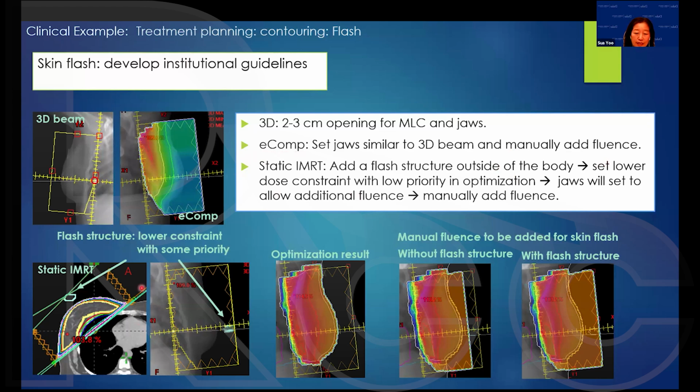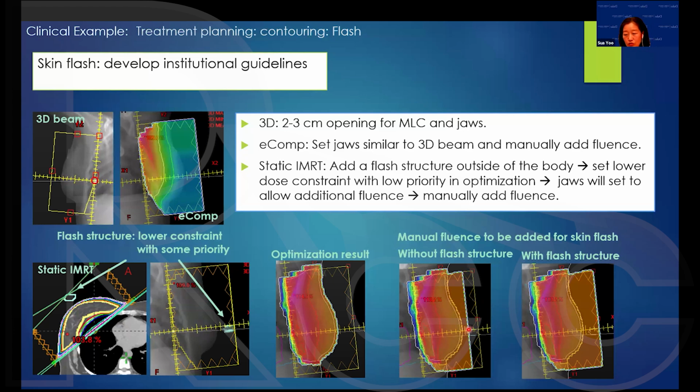If you run static IMRT with the tangential beam and generate the optimization, what it gives is this fluence just along the target area. So you don't get the skin flash. Then again, very similar to ECOMP, you have to add the fluence manually to get skin flash. But this is just Eclipse side. It actually only allows you to add so much.